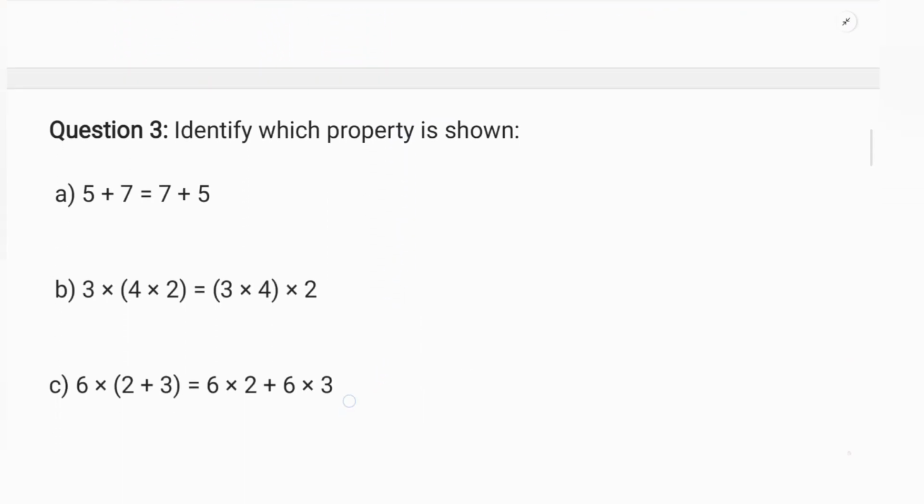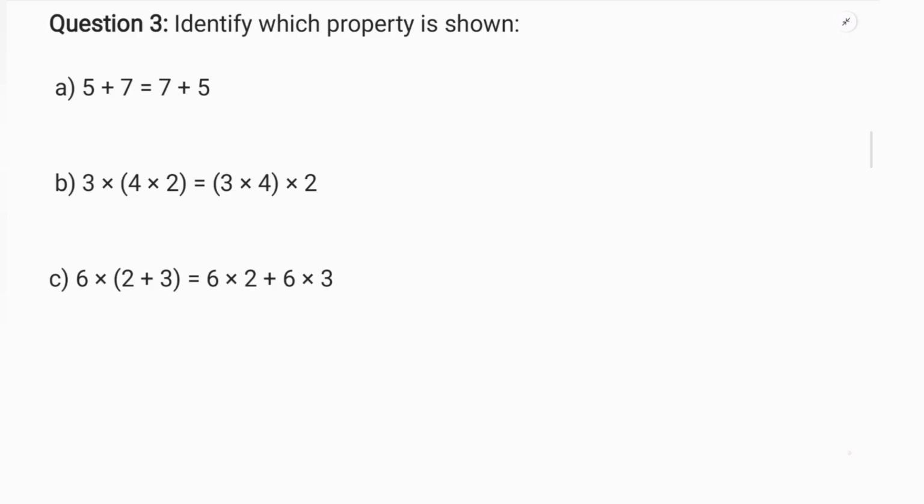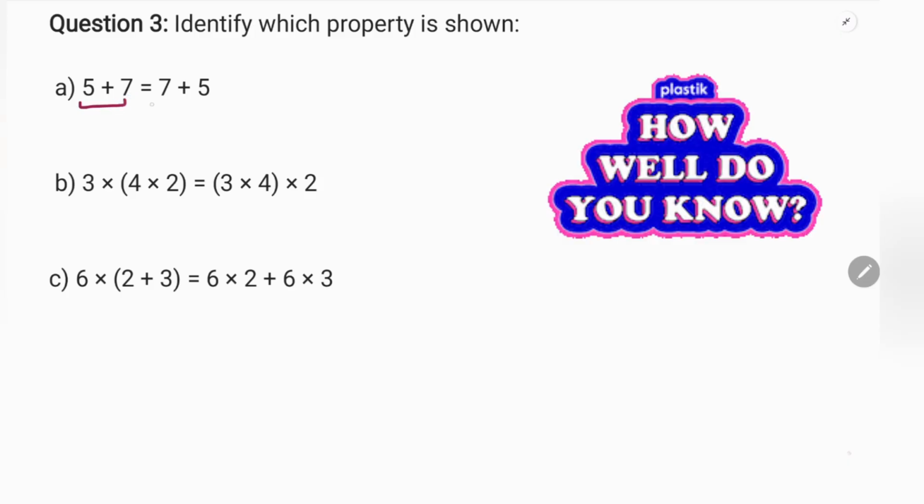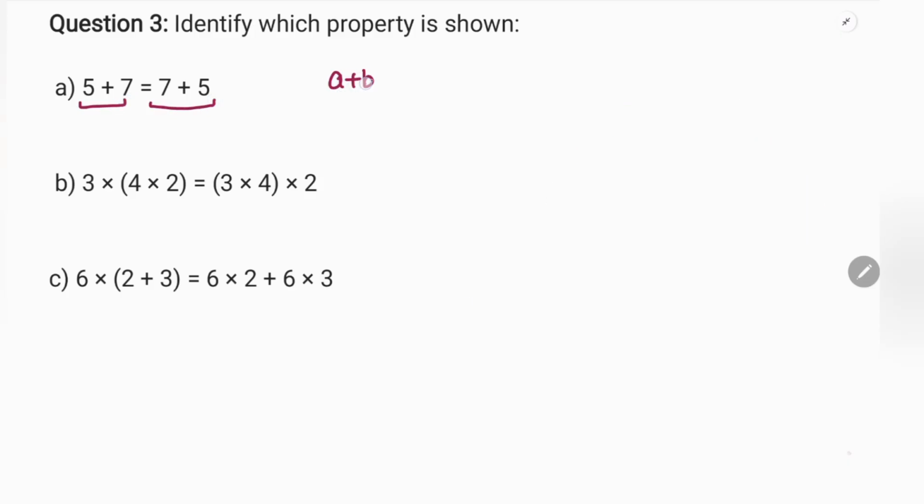After that, identify which property is shown. Here it is showing 5 plus 7 is equal to 7 plus 5. That means a plus b is equal to b plus a. Which property is this? This property is commutativity. Right?